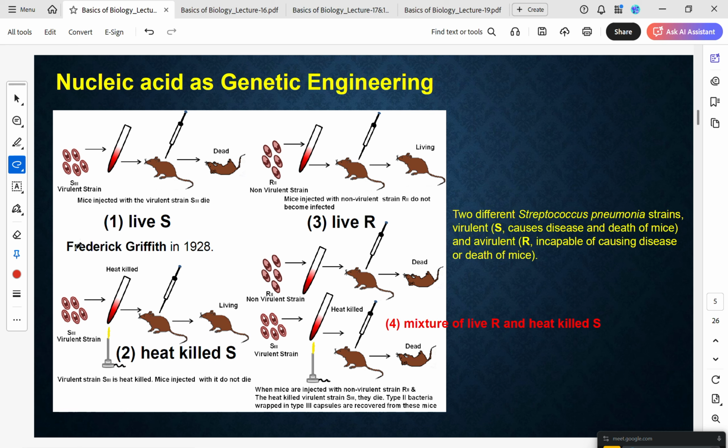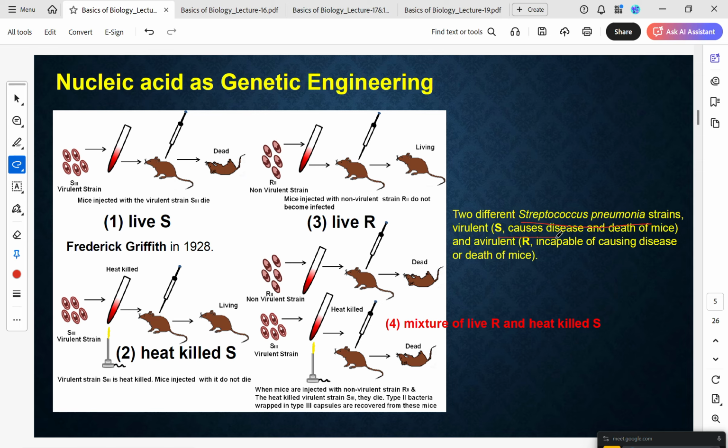What Frederick Griffith did was he injected mice with two different strains of bacteria, specifically Streptococcus pneumoniae strains. In case of Streptococcus pneumoniae, there are two strains found in nature.